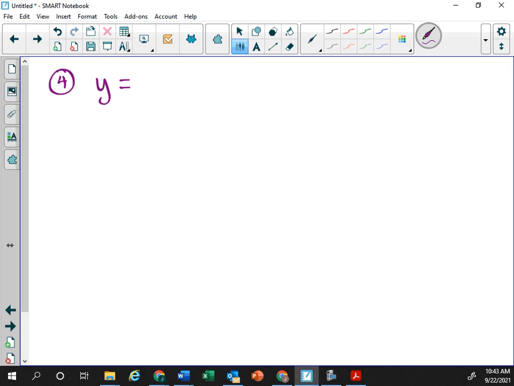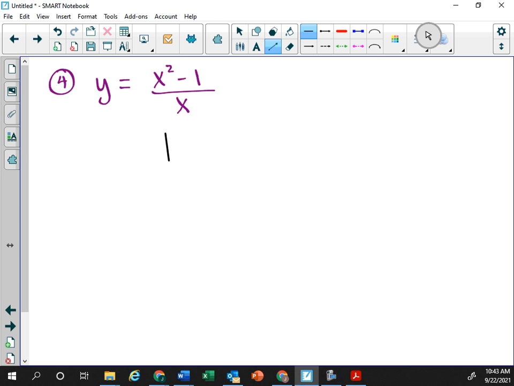Let's do y equals (x squared minus 1) over x. Okay, I want you guys to try to graph that. So work with your neighbor on this one. Chat with each other, think through what you need.